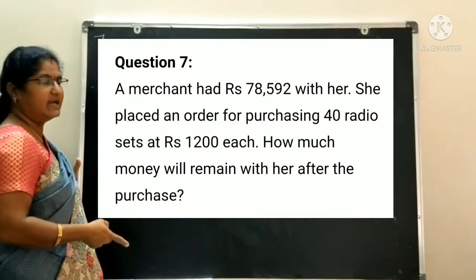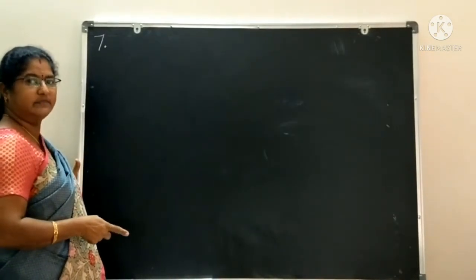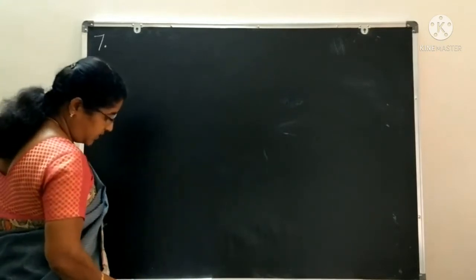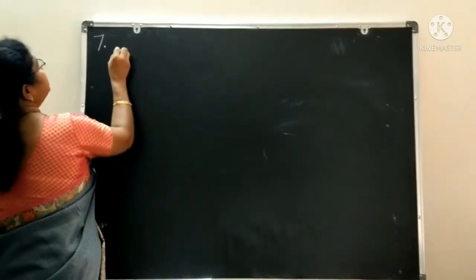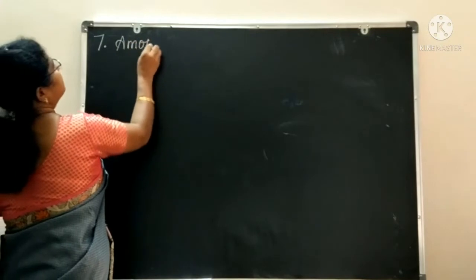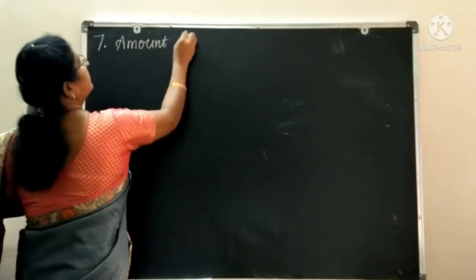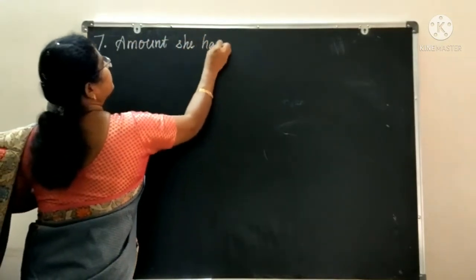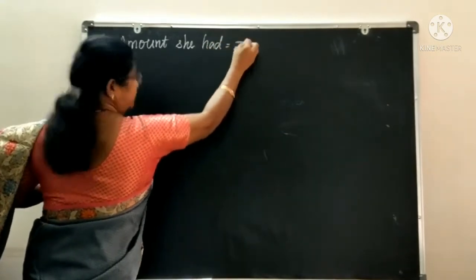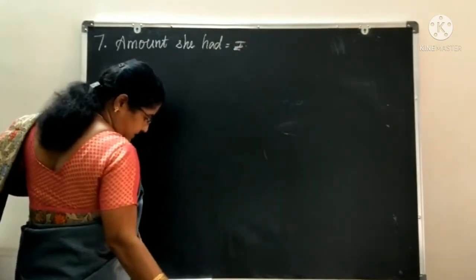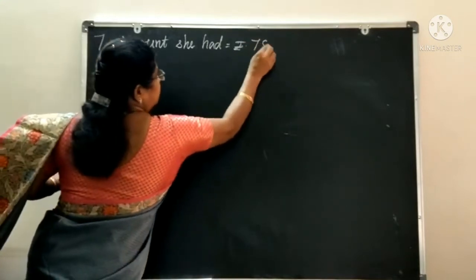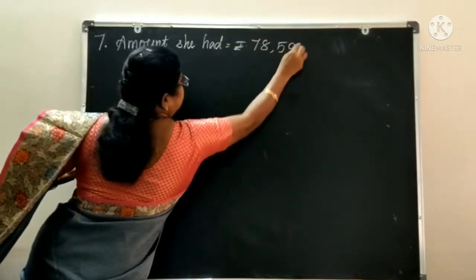They given, she had the total amount. How much money she had, how much rupees? 78,592.